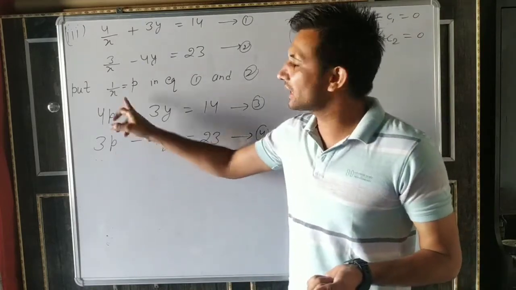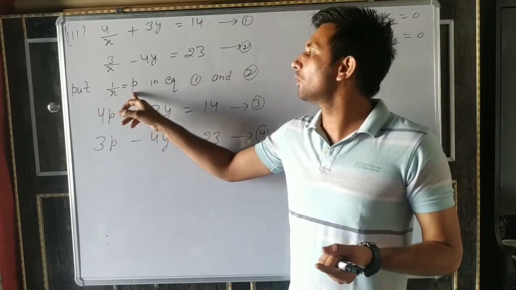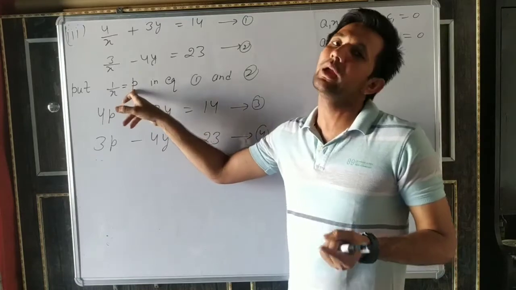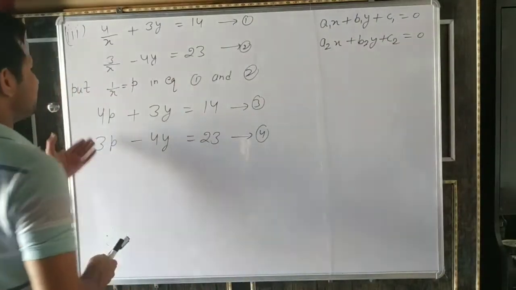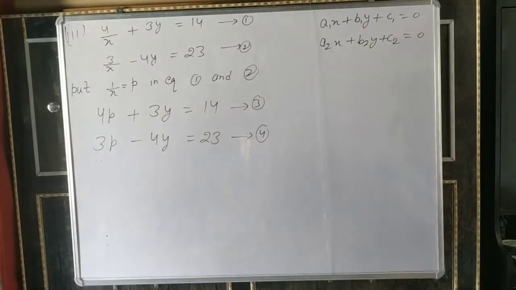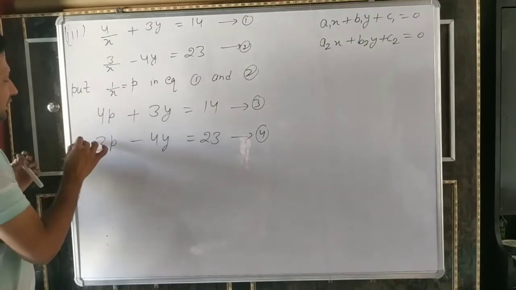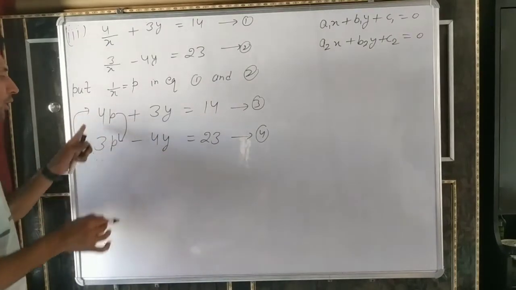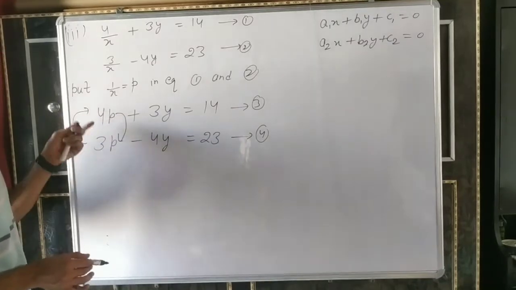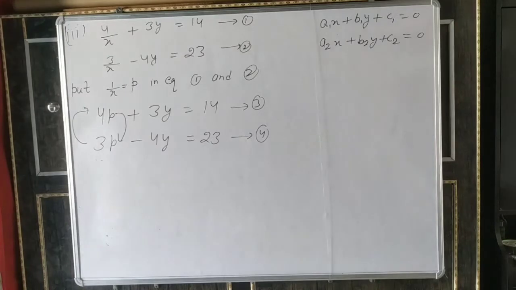And the x value we will find from 1 upon x: whatever value of p comes, we will put it here. Understand? And how will you solve it? By making the coefficients equal. So multiply equation 3 by 3 and equation 4 by 4. So 4 into 3, 12. You can do it yourself. Note it down. Please do it yourself also. Okay, now we will do the next part.